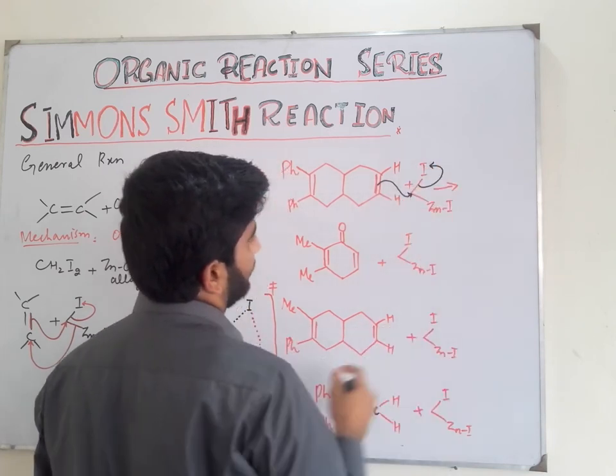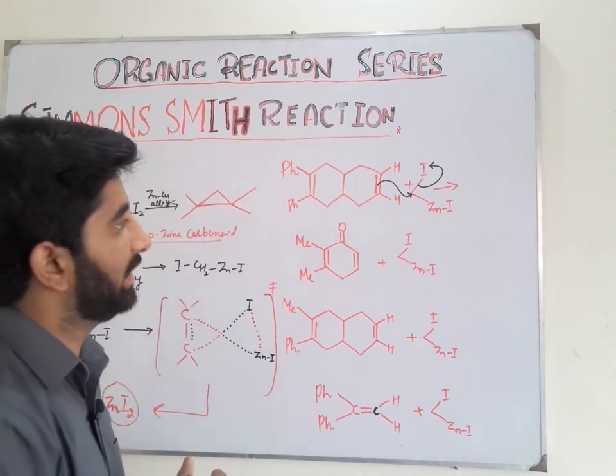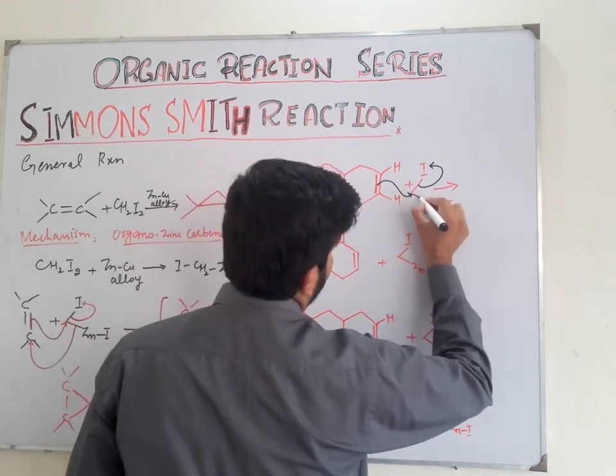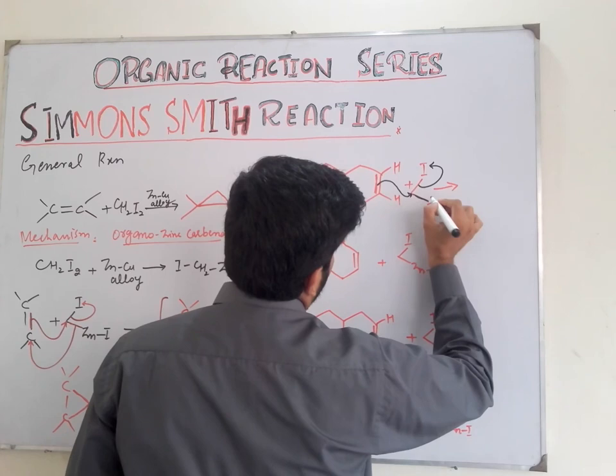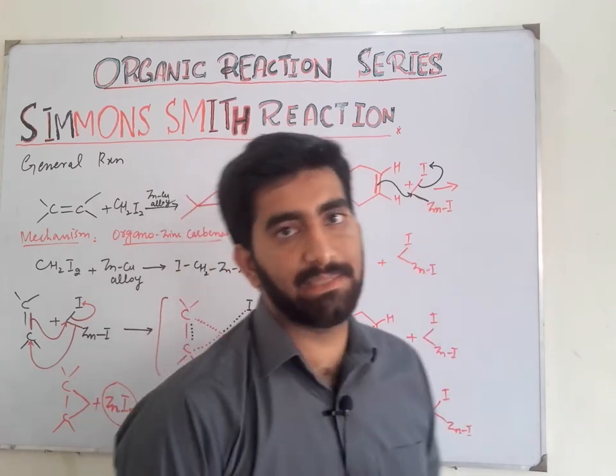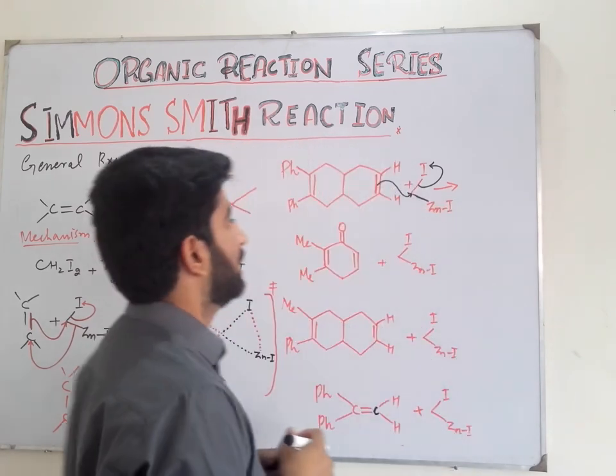Iodide leaves this carbon and then undergoes the electrophilic addition. These electrons attack on the carbon that is less hindered, where fewer bulky groups are attached.